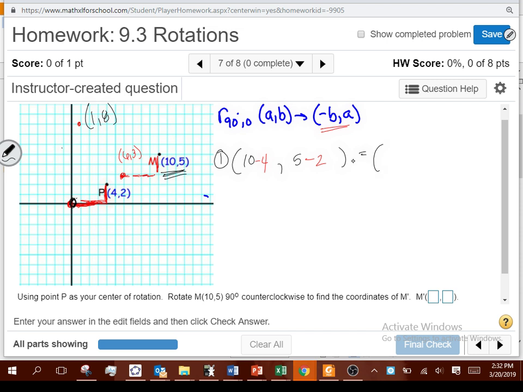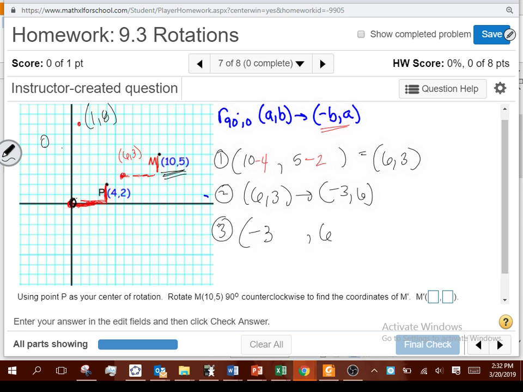So that gives me the ordered pair (6, 3). You then take your (6, 3), put it through your rule, and it becomes (negative 3, 6). And that produces this point over here of (negative 3, 6). Is that all right? The last step we did was to take our (negative 3, 6) and add back in our center of rotation.